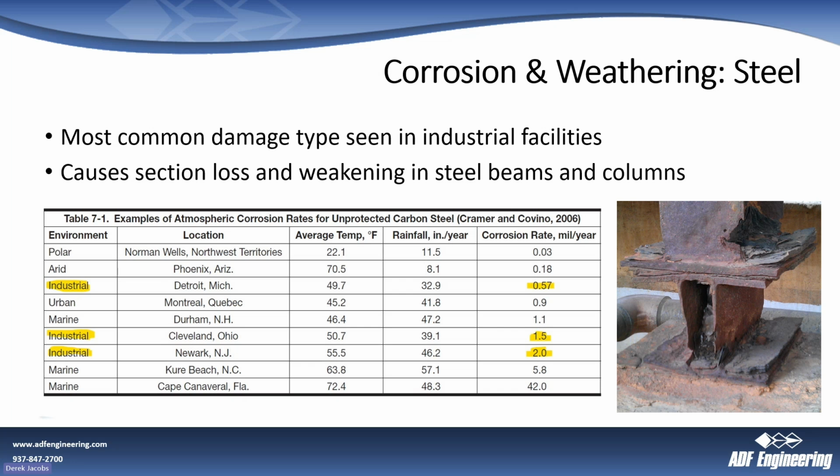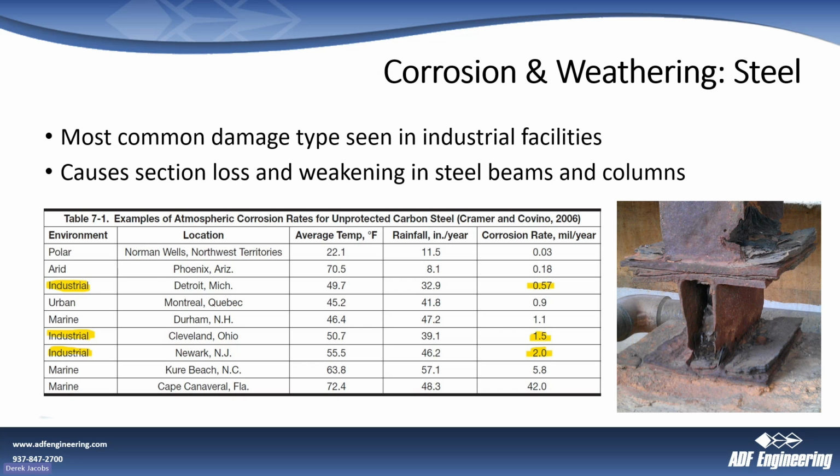There's a good table here that I pulled from the AISC guide that gives you an average corrosion rate for unprotected carbon steel per year. A mil, for reference, is 1/1000th of an inch. So even at 2/1000ths of an inch per year, that's per surface. So if you have two sides of a plate, and it adds up over the course of 30 years, obviously that adds up to quite a significant loss.